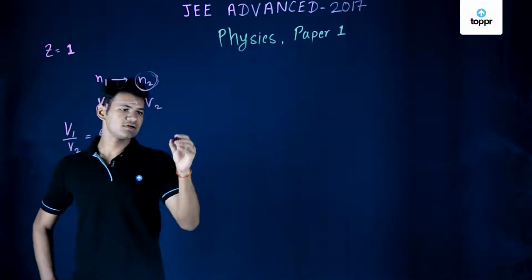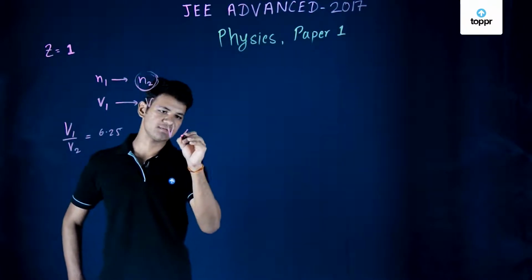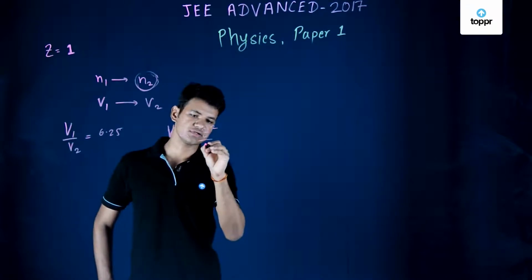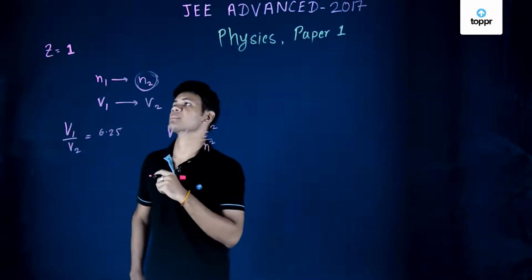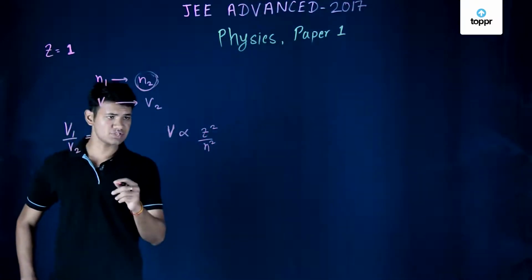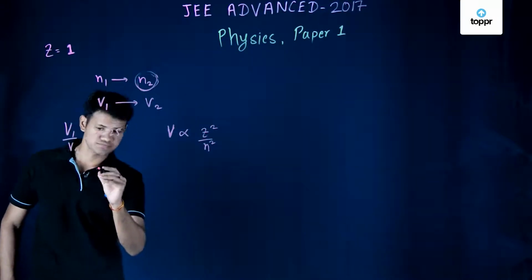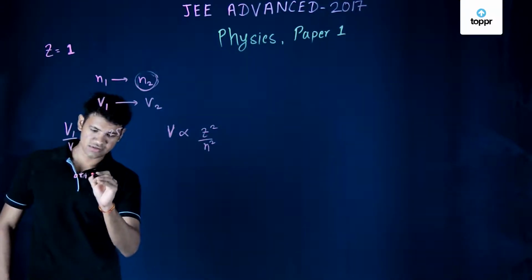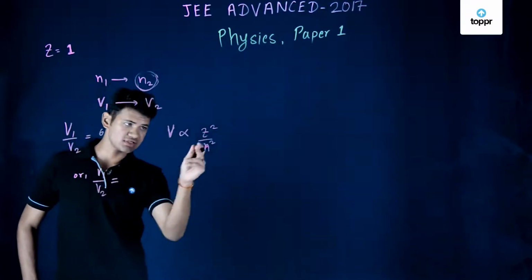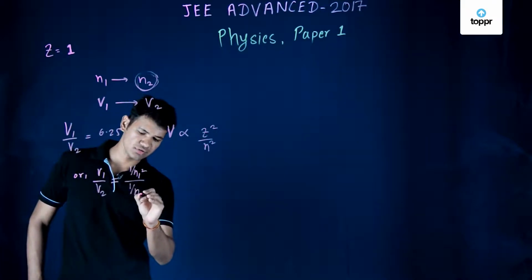Now we know that the potential energy of an electron in an orbit is directly proportional to, it is a function of, Z square by N square, where Z is the atomic number and N is the quantum number. So now we can take the ratio. Since we have the ratio, we can also obtain the ratio of N1 to N2, right? So we can say that V1 by V2 is equal to 1 upon N1 square over 1 upon N2 square, right?